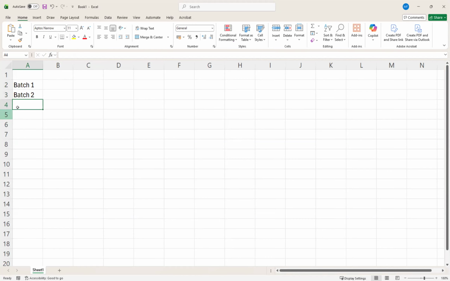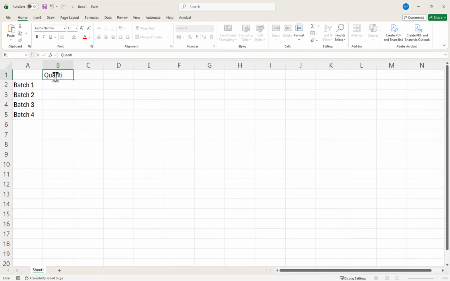Batch two, let's say we are having batch three and four. Four batches we are getting. I'll not write the dates because that is another example that has to be discussed, when we do the perpetual and periodic methods. That is different. So dates and all are not important over here.